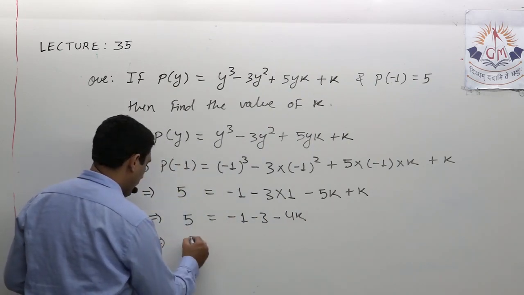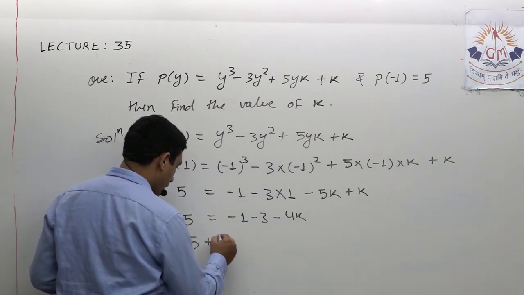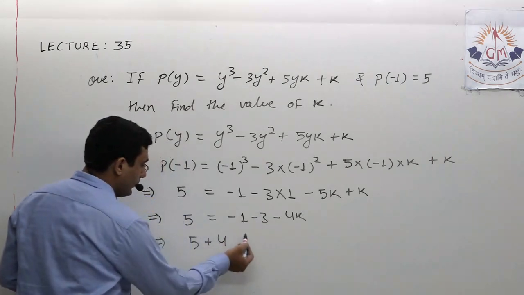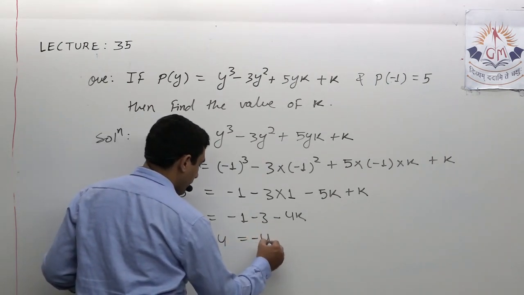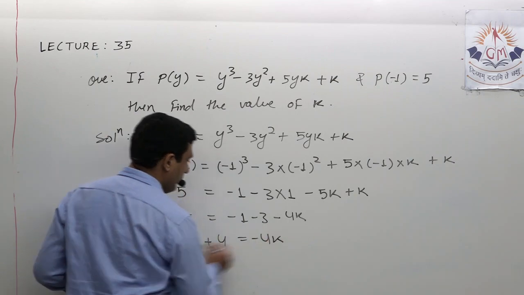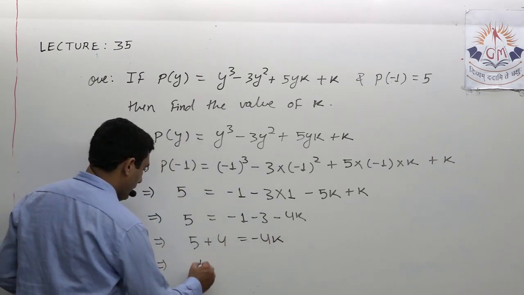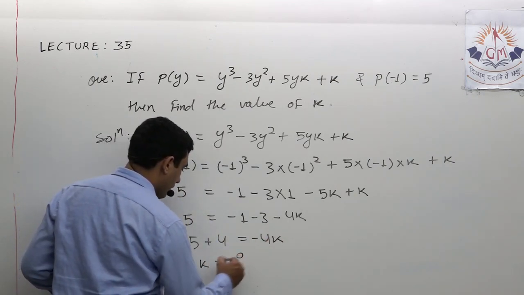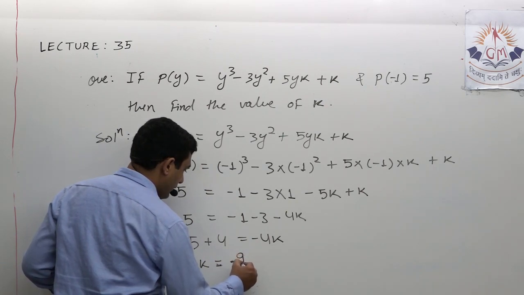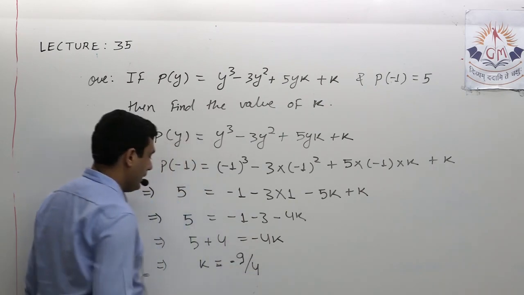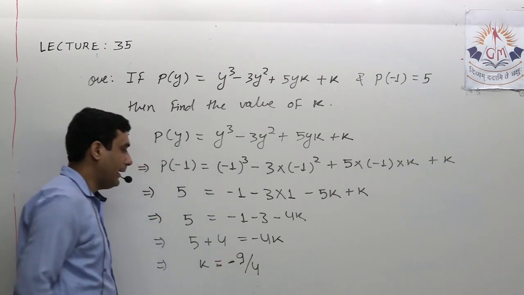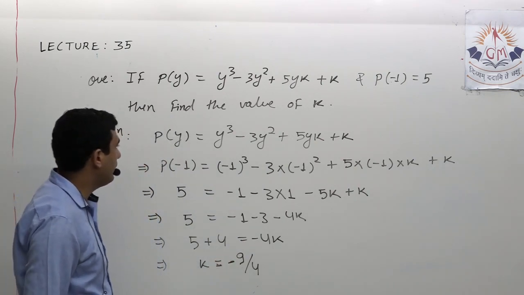So 5 plus 4, since minus 1 minus 3 is plus 4 on this side, so it will be minus 4 plus 4 minus 4k. So I can say k is equal to minus 9 upon 4. K is equal to minus 9 by 4, that is the value of k.